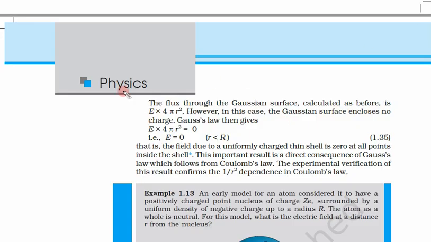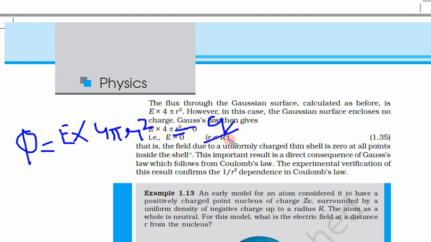Again, similarly, phi is equal to E into 4 pi r square, which must be equal to Q upon epsilon naught. Since this is a sphere, there must be spherical symmetry.